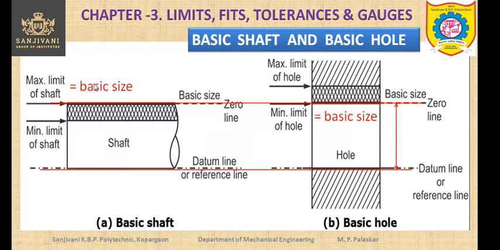That means the maximum limit is equal to the basic size for the basic shaft, and the lower limit will be at the lower side. So that is the basic shaft and the basic hole.